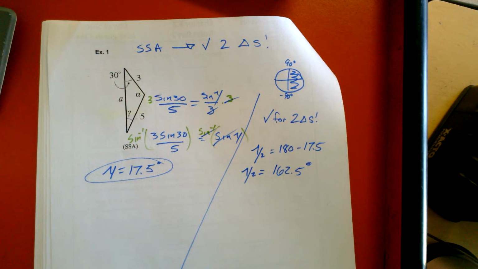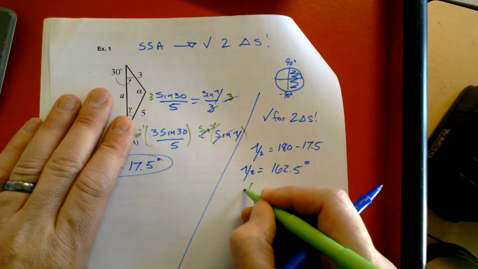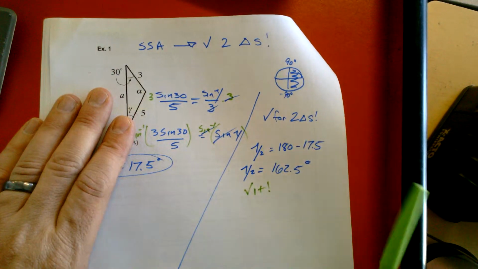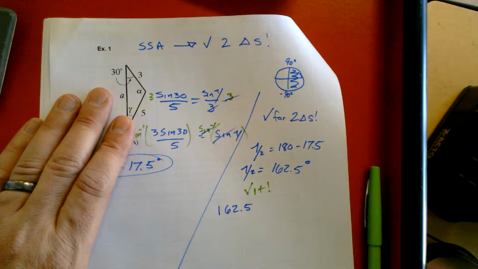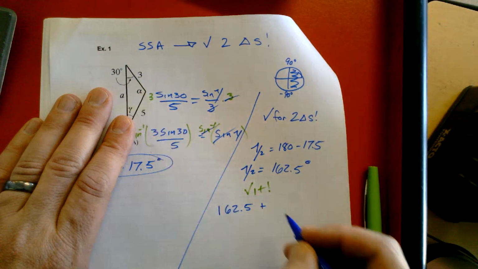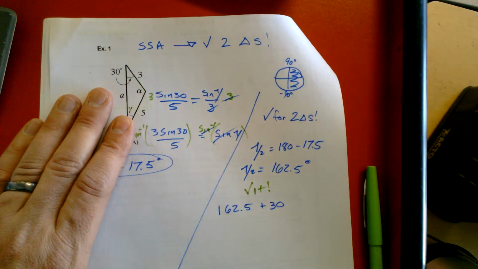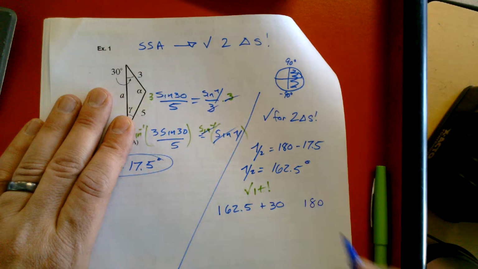Okay. So for me to check now to see if it makes sense, I take 162.5 and I add it to the given angle, which was 30. And then I compare it to 180.